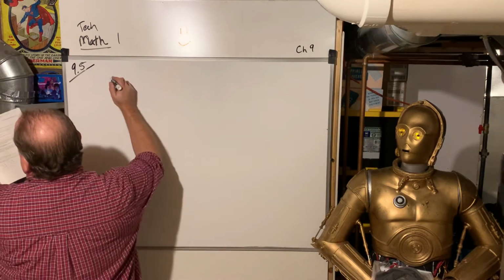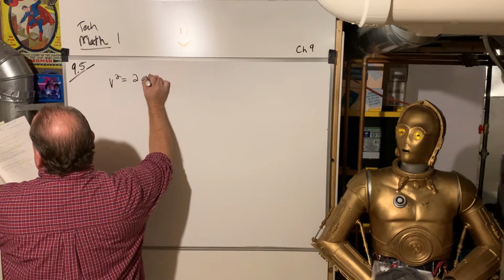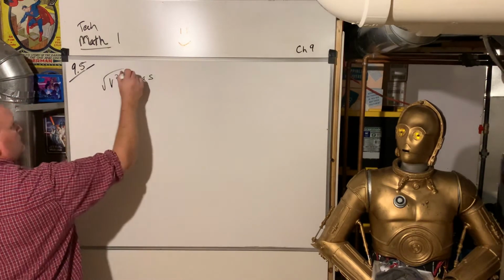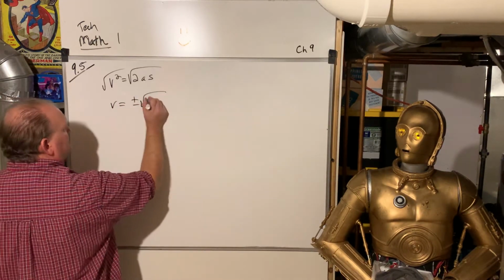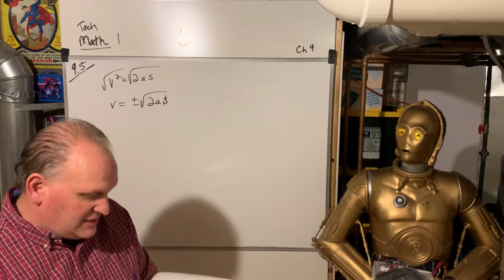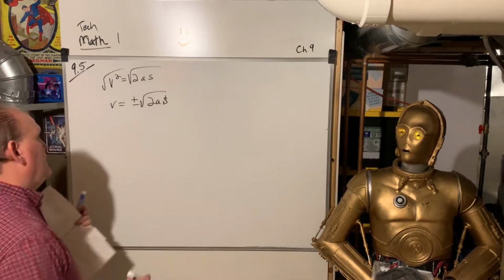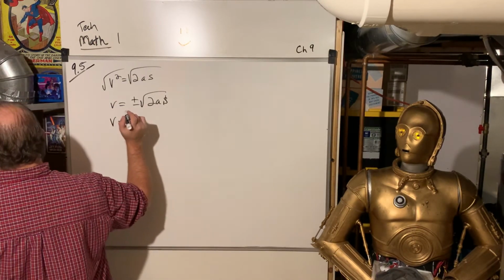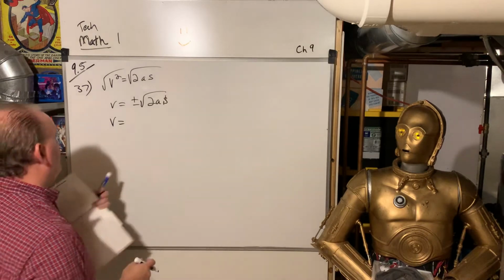So if I have v squared is equal to 2as, then if I want to solve for v, I would take the square root of both sides, but in algebra we throw a plus or minus in front of it. In this course, lots of times they just want the principal square root, which is just the positive version of it, because so many of our real life problems, oh wait, this was number 37, sorry, this is number 37 on page 385, all right?